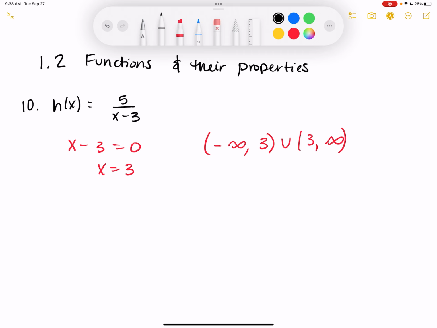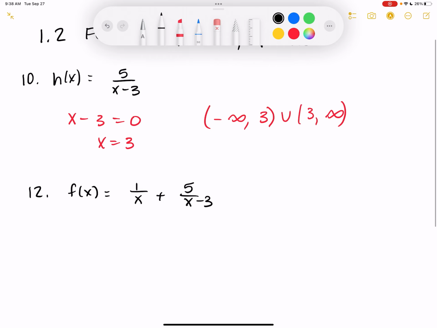Alright, another one. 12. F of x equals 1 over x plus 5 over x minus 3. So if we were going to actually add these, we would need a common denominator, but ultimately we're going to end up with x times x minus 3 on the bottom.